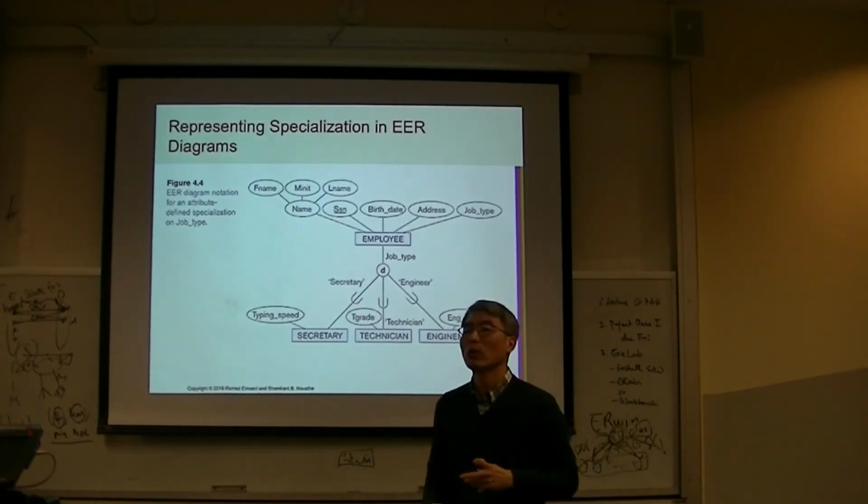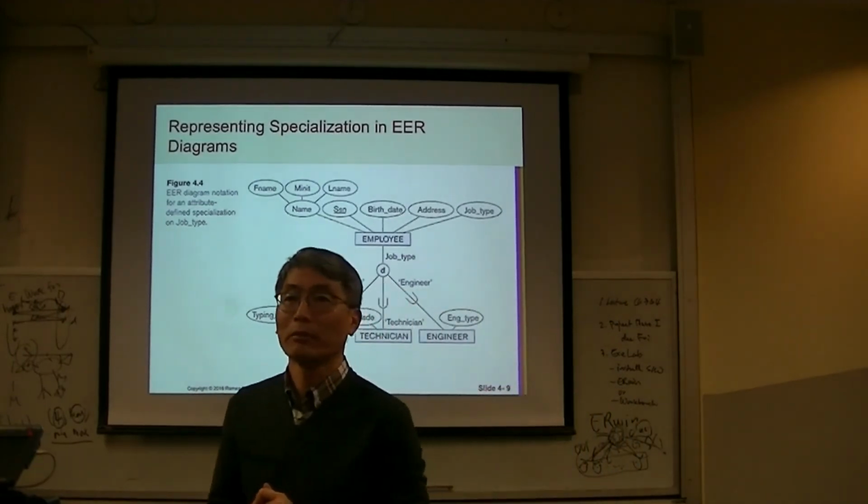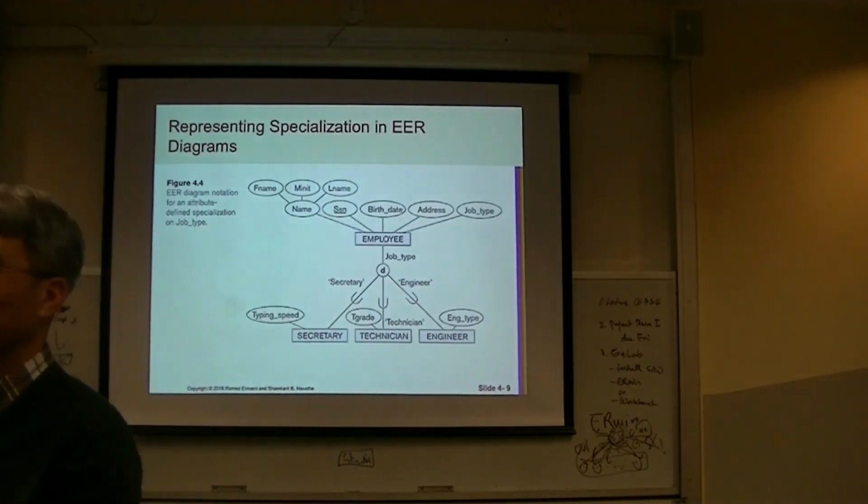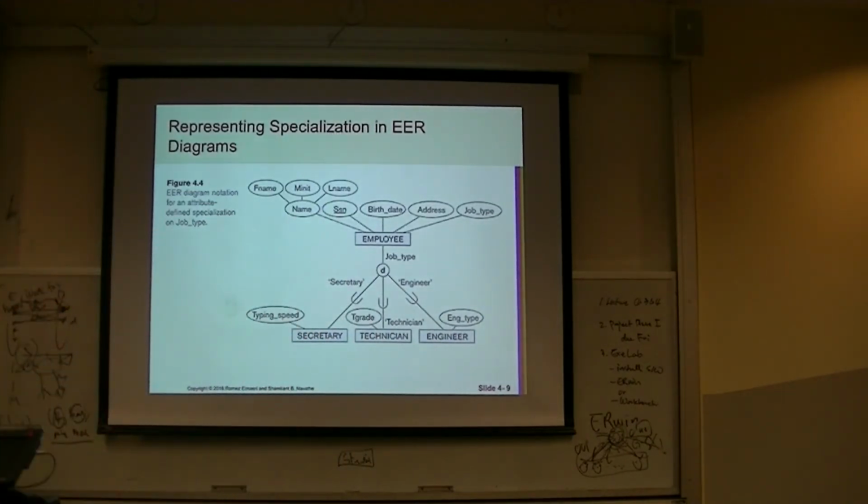Think about your OOP, object-oriented programming, C++ or what else? Java. You already know this. We create one class and inherit. To make the design and development simpler, we can use the existing, like a person class. Then you can create a student. You don't have to add the same variables for the person.